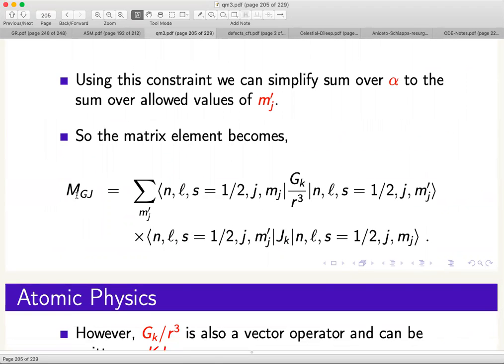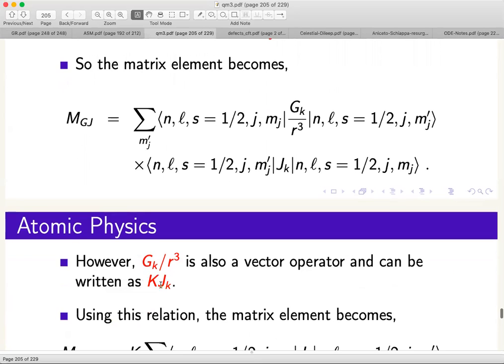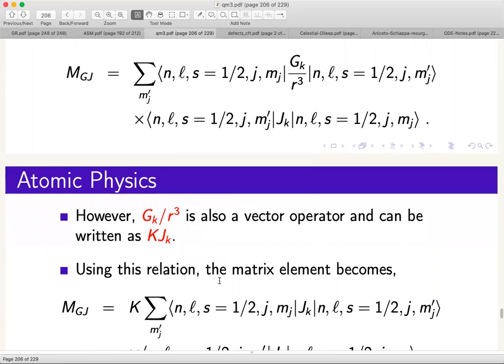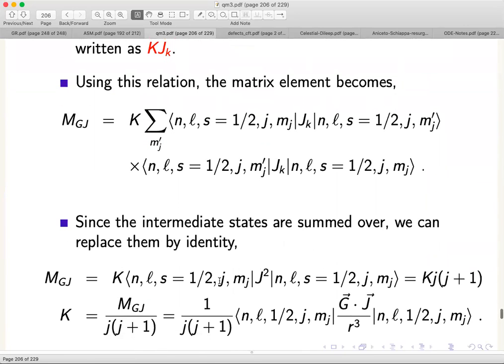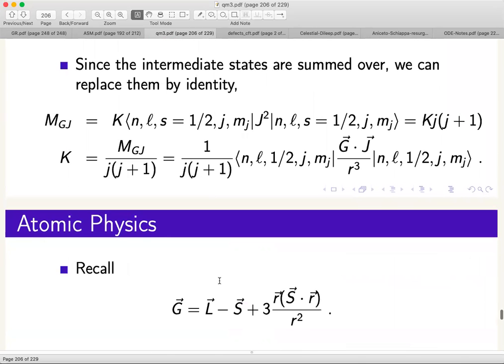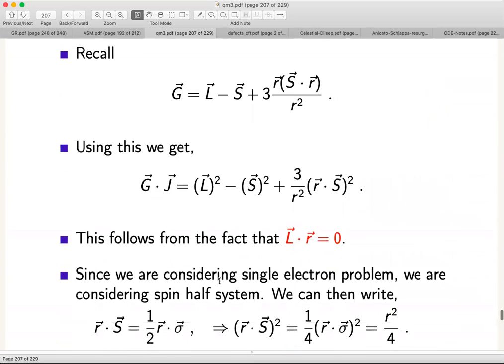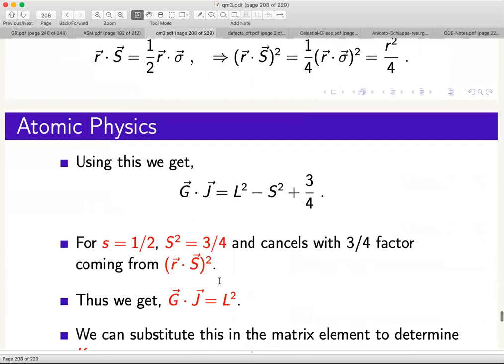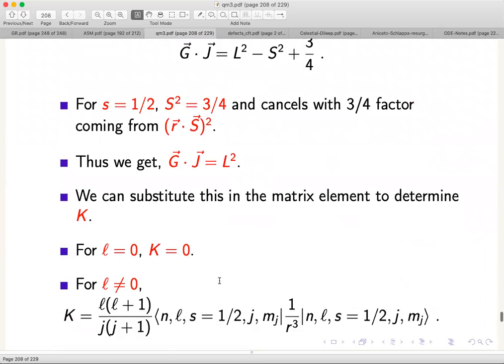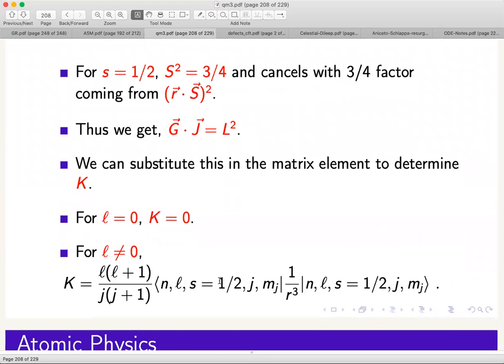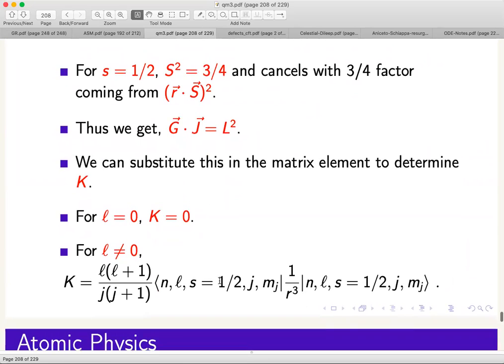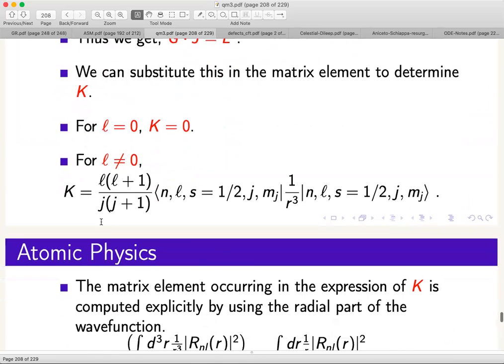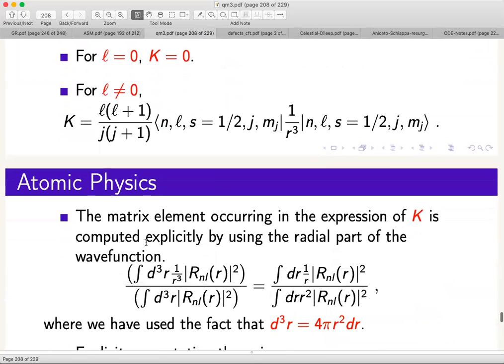The reason we got into determining mgj was that it would tell us how to determine this proportionality constant k. And what we showed was that the proportionality constant can be written, after a series of manipulations, as an expression which looks like this. This expression vanishes for L equals 0 and has a non-vanishing contribution for L not equal to 0.